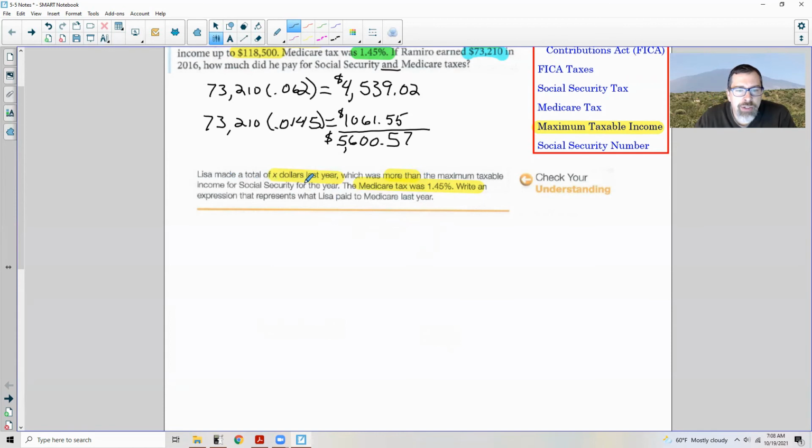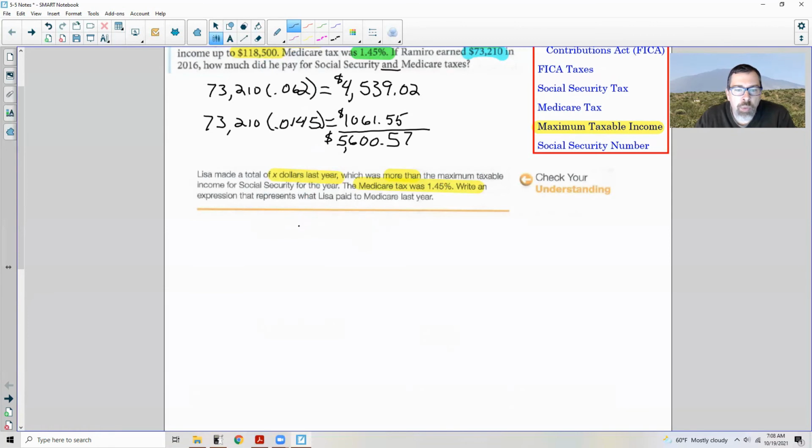If we were trying to calculate Social Security, we would say X minus 118,500, and take that overage and not tax it, but tax the 118,500. It'd be 118,500 times 1.45 plus, but they just want us to express what the Medicare tax was.